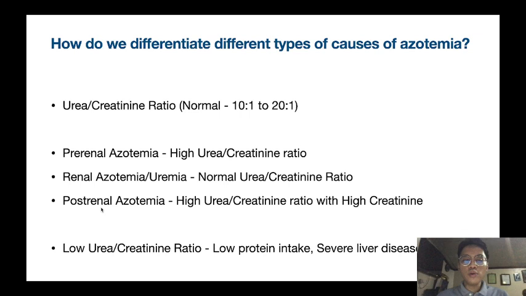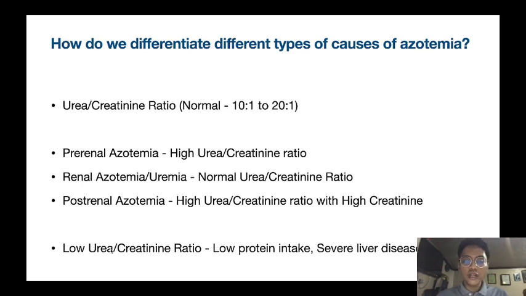And when there is post-renal azotemia, same sila ng pre-renal, high urea creatinine ratio, pero ito with high creatinine. Okay? So dito low ang creatinine dito sa pre-renal. Dito high ang creatinine, tapos high pa talaga ang ratio, so masyadong malaki ang urea. Okay? So again, memorize nyo lang yan.